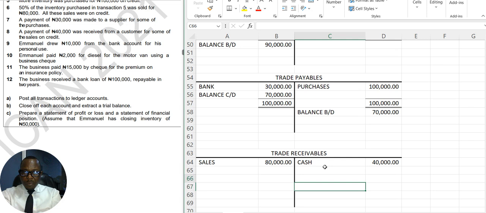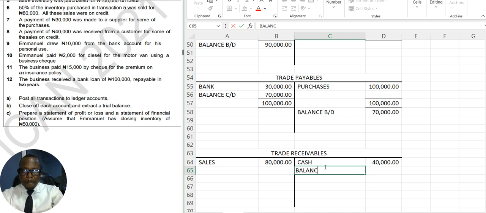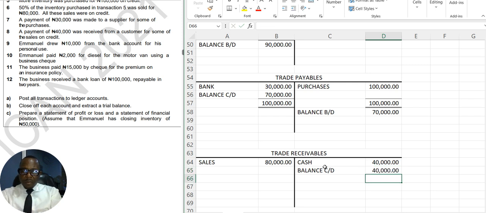Okay. The next one is this. Which one is higher? This is higher, so you have your balance CD here. What's the balance? That's 40,000. 1, 2, 3. Then you have 80 here.